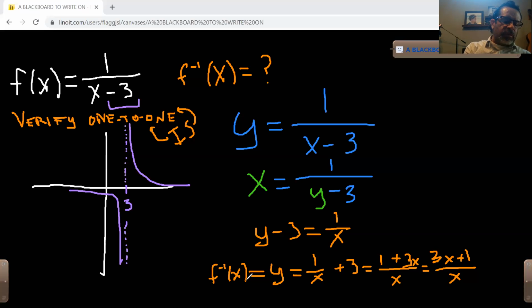Okay, and so the next homework task is going to have a few of these exercises to verify if a function is one-to-one, and also if it is, to find the inverse of the function. Okay. So, questions? No? Okay.